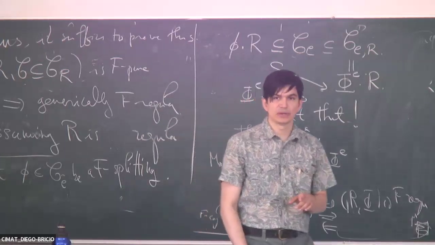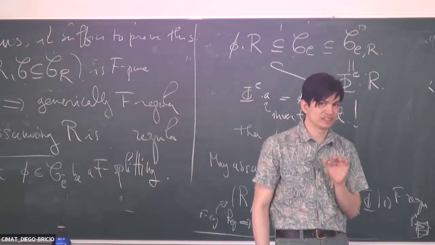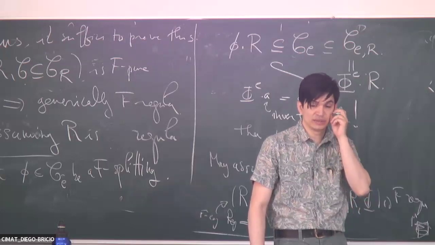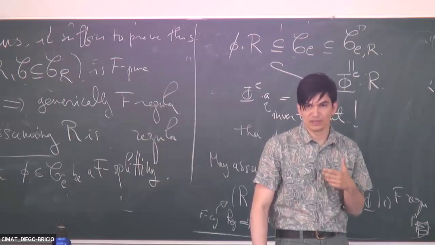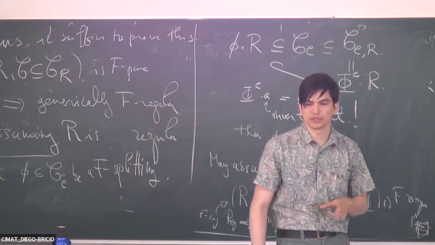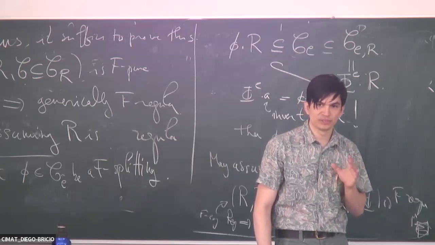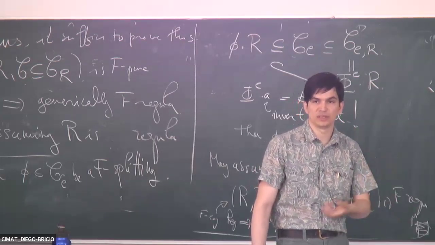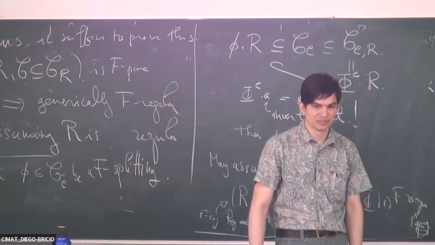But next time we're going to continue with the following. So far what we have proved is the existence of test elements. There is a stronger notion of test element that I like to call principal test elements. Its existence requires a little bit more work, but I would like to go through that because those are very important elements. So next time we're going to work on the existence of principal test elements, which are much stronger than just test elements.